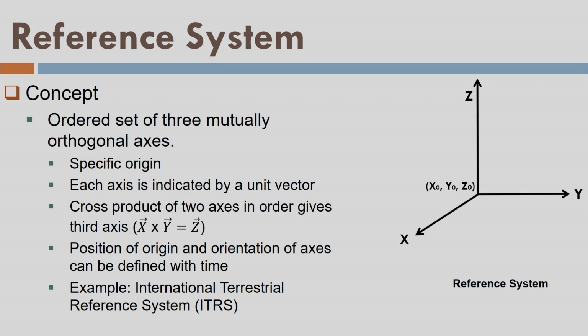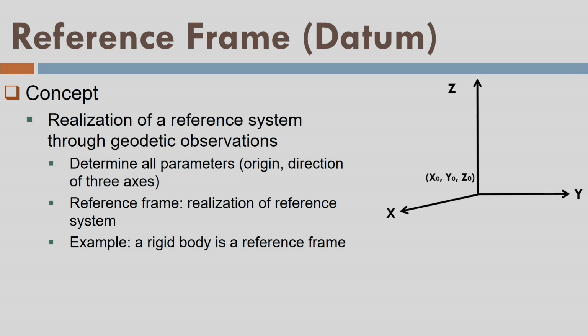Well, a reference system is a conceptualization, it's an idealization. Fine. Now if I want to define something called reference frame, or in other words datum, I need to understand that if I try to realize the reference system, it is called reference frame. So in other words, the realization of the reference system is called reference frame. So what do you mean by realization?